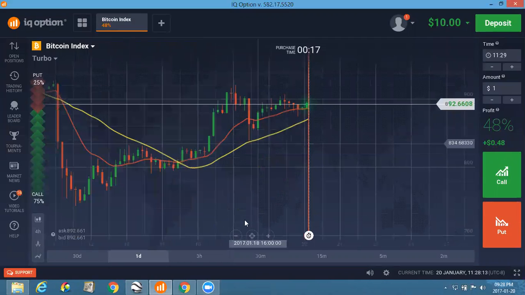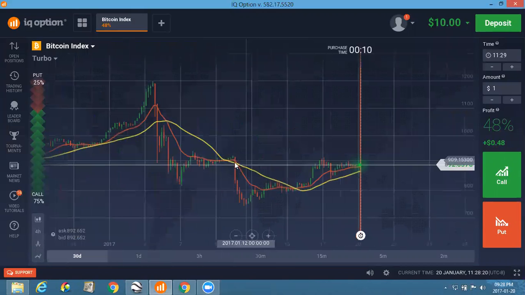So look for when the market is having big moves. You see when the market is doing something like this. These are big moves. Imagine if this is 4, 8, 12, 16, 20, 24 hours.